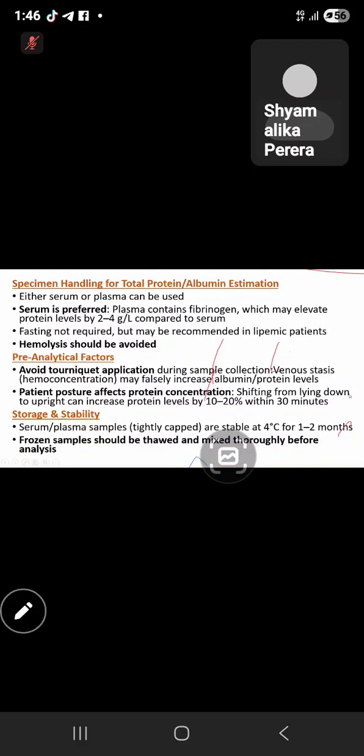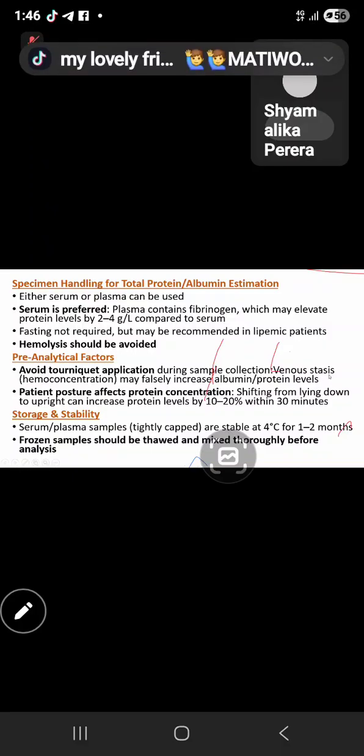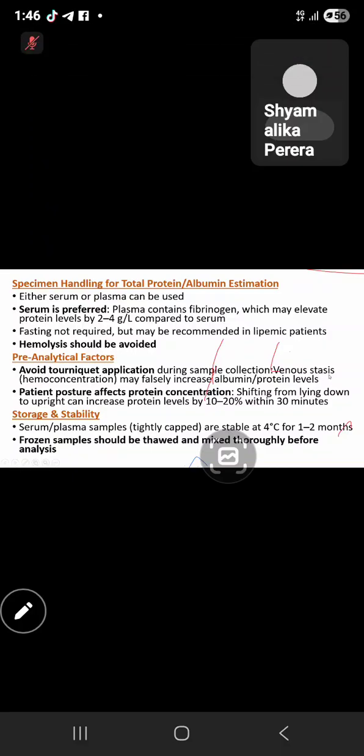When you are selecting the specimens, you can use serum or plasma, but the preferable sample is serum, because when you are collecting serum, you are already removing the fibrinogen compared to plasma samples. Fasting is not required, but it is recommended in lipemic patients, and you should avoid hemolysis.